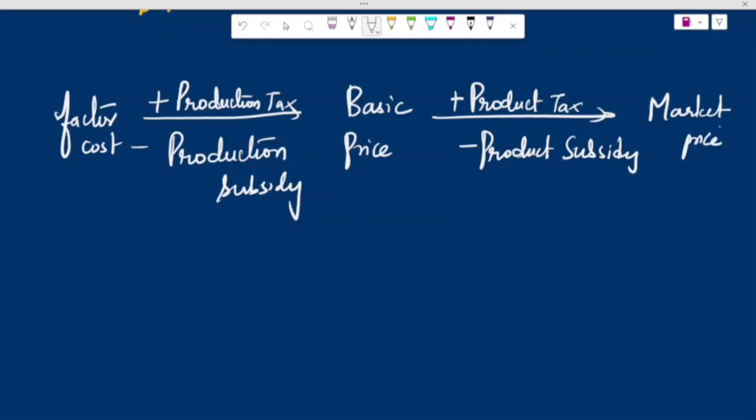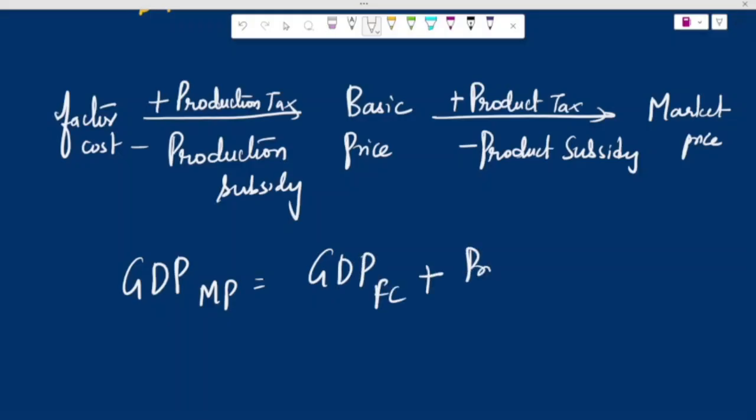Now previously I wrote that GDP MP equals GDP factor cost plus product tax minus product subsidy.